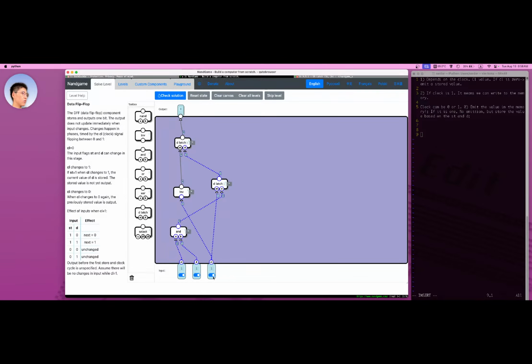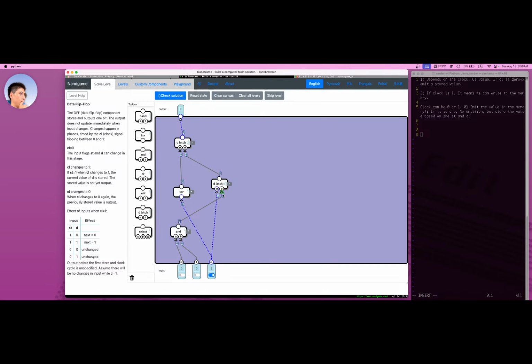If I set clock to 0, what should it do? When I set clock to 0, one output should go, okay? One is going, but when I set clock again to 1, it's still emitting, right? And see now I make this change, have a 0 here, right?